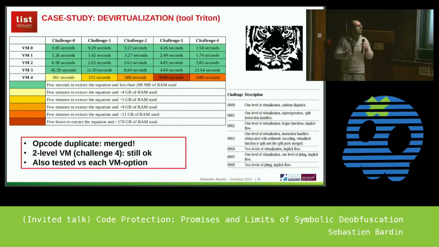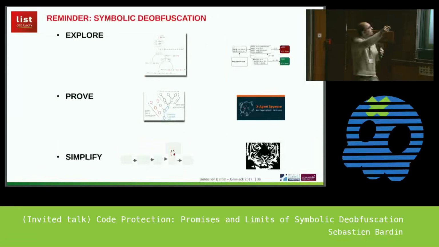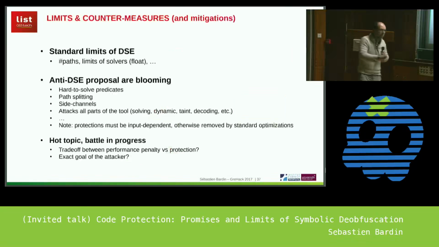It doesn't make any difference which protection is used. Okay, so this is the kind of thing you can hope to do with symbolic deobfuscation. I think that it must really be taken into account by people who are doing the defense, because otherwise you can really have problems.